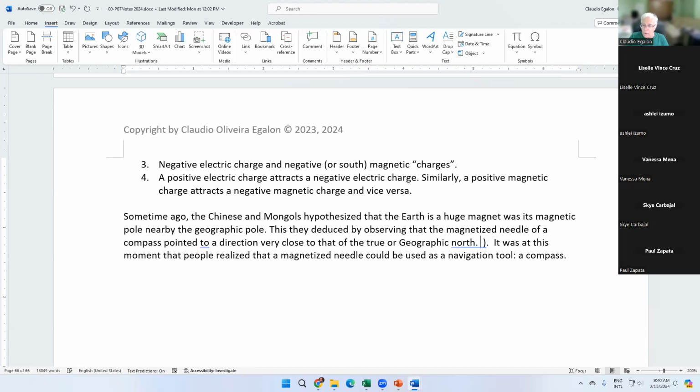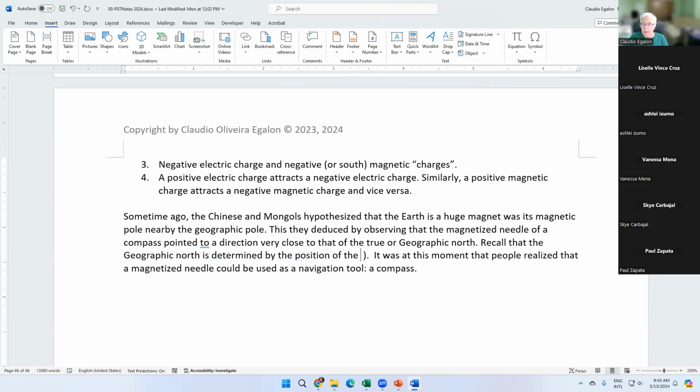Recall from your astronomy classes that the geographic north is determined by the position of the polar star. In this case, what's the name of the polar star? Oh gosh, I forgot the name. Polaris. In the northern hemisphere.